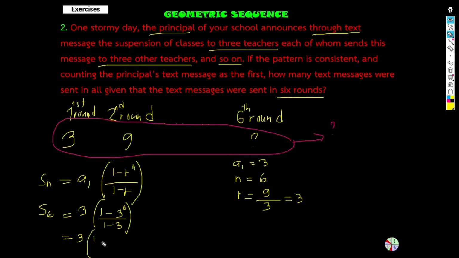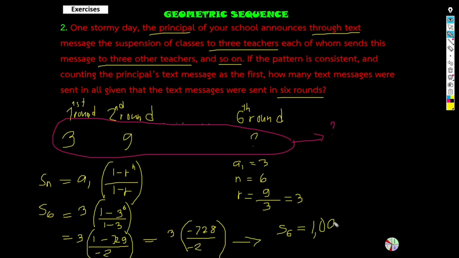Now, 3 to the 6th power is 729, so 1 minus 729 is negative 728, all over 1 minus 3, which is negative 2. So this should be negative for the 2, and the result is positive. You divide 728 by 2, and then multiply it by 3. The final answer: S sub 6 is equal to 1092 text messages.